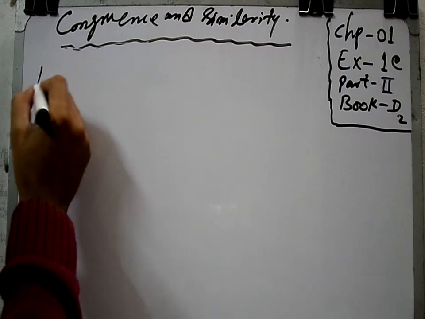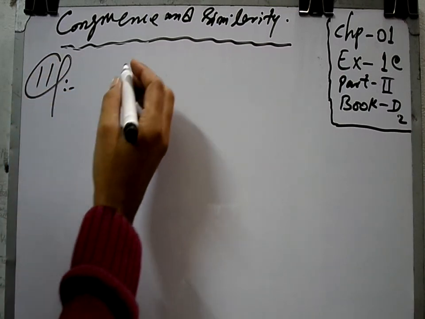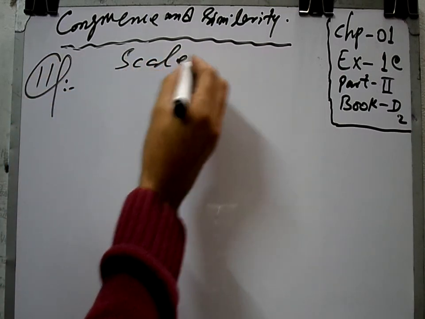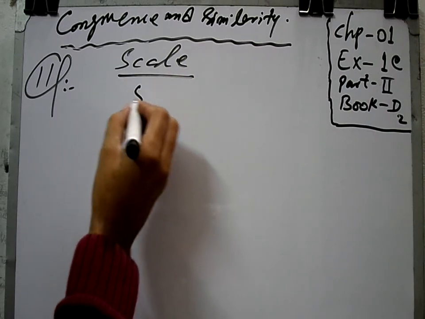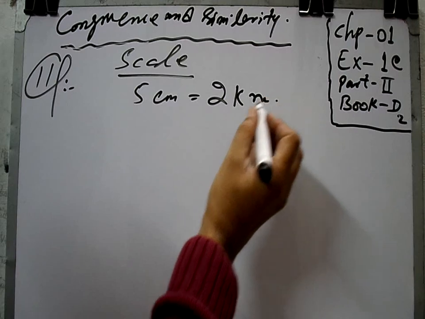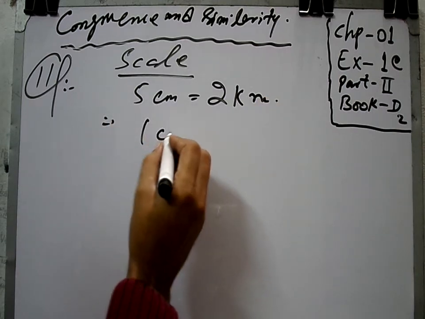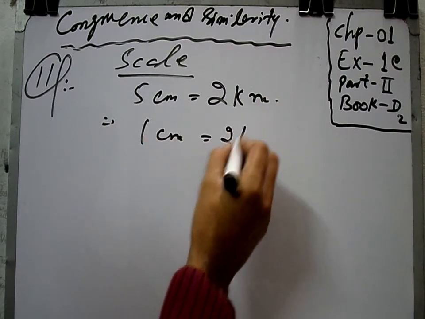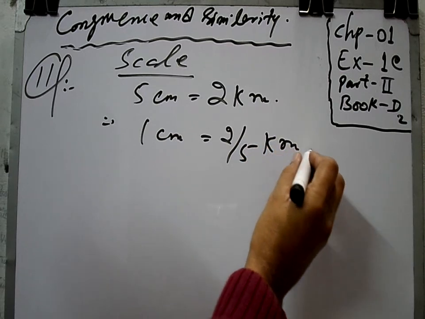Question number 11. Scale is 5 centimeter to 2 kilometer. Therefore 1 centimeter will be equal to 2.5 kilometer.